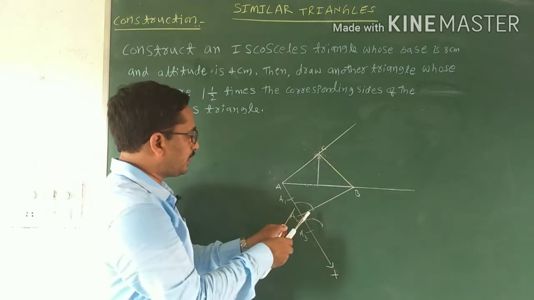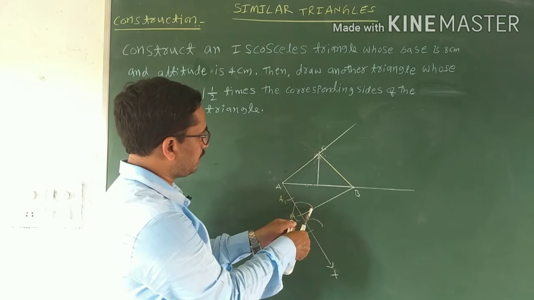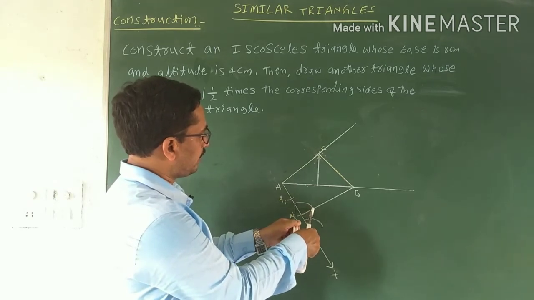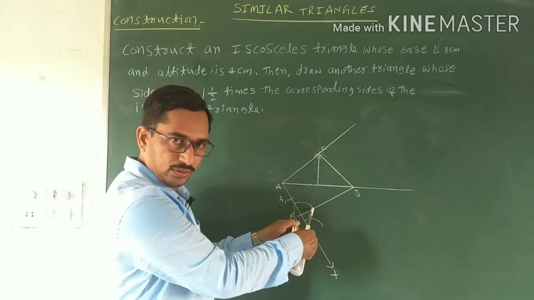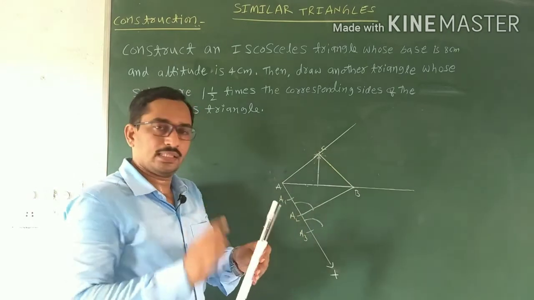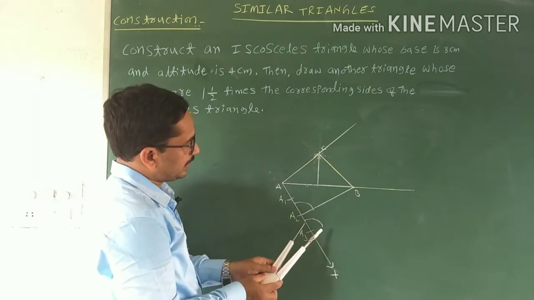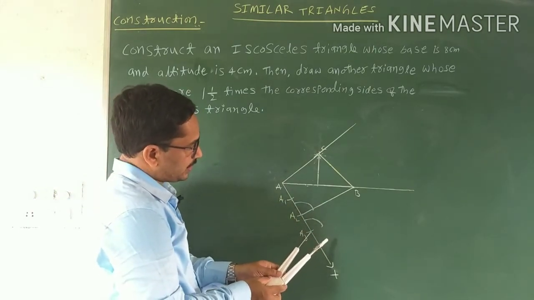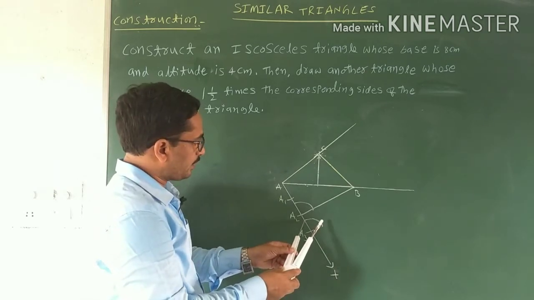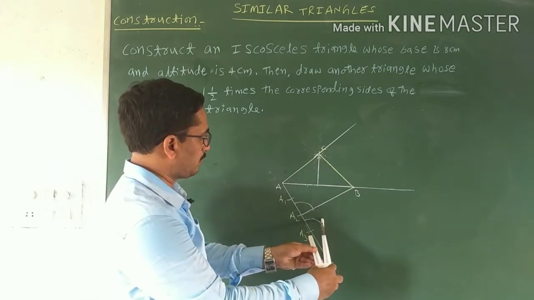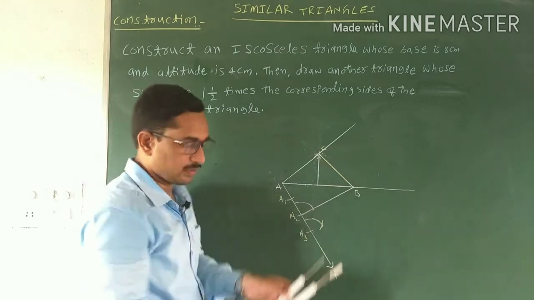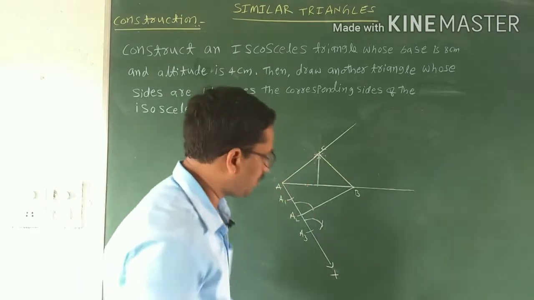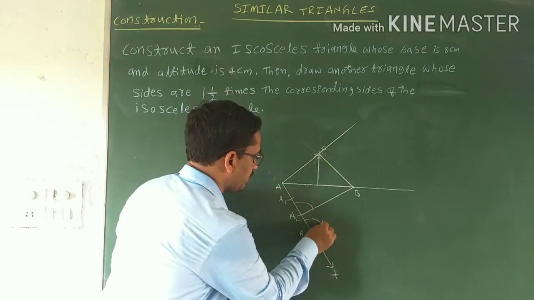Next, take the length of the arc which is drawn from A2, and by taking this length, take the center at the arc which is drawn from A3 and cut this arc. So both intersect at a point. Here this is the point.